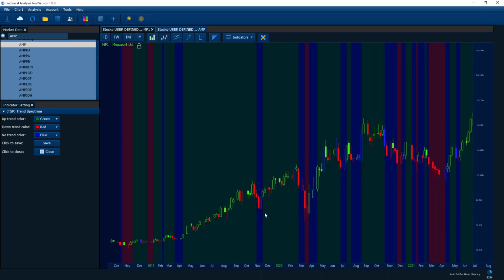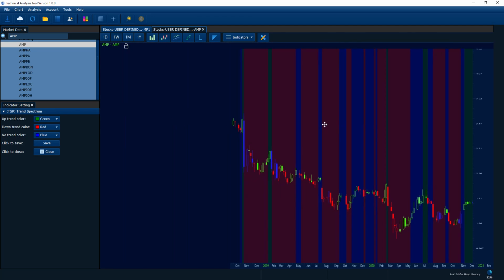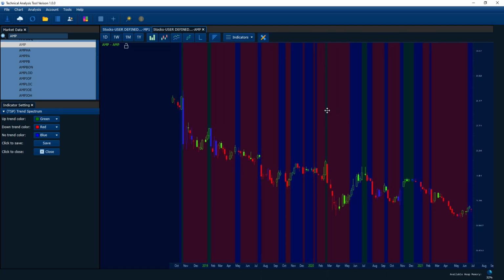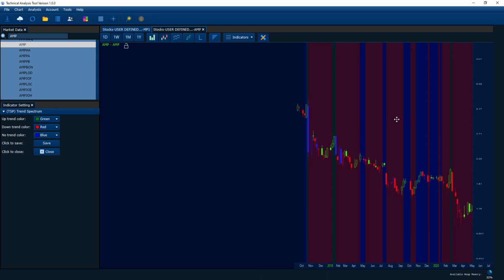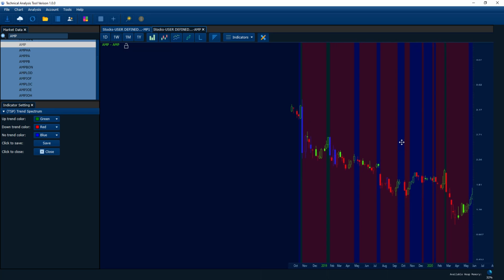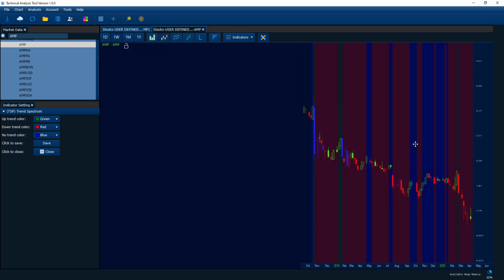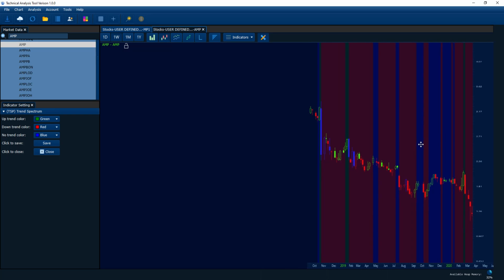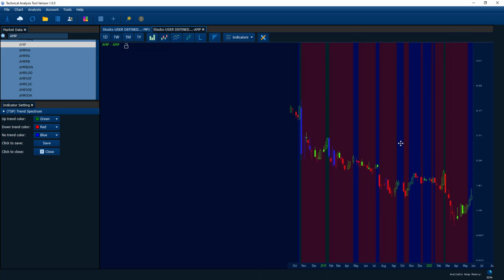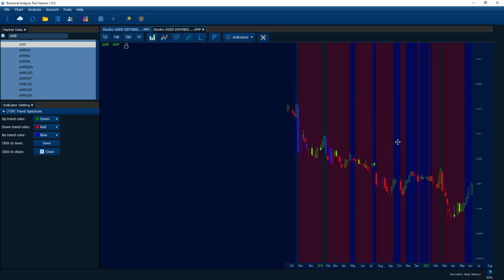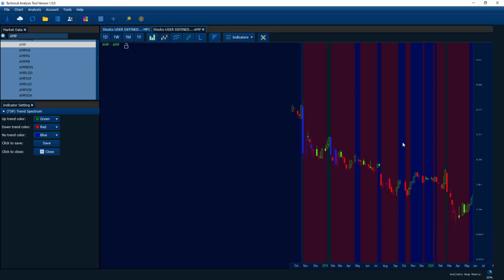All right, let's see another example in the downtrend. When you see this continuation of red, that means the downtrend is solid. If you short this particular security, you can sit back, but if this area suddenly turns blue, you probably know the correction is happening for the downtrend. Some people might cover the short, so the price will move up a bit.